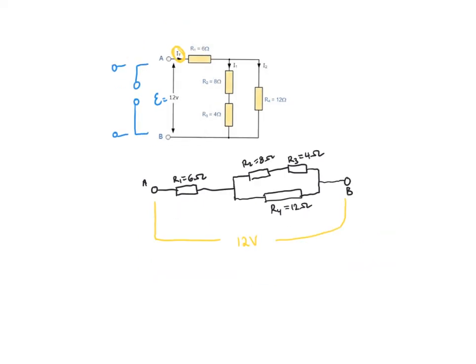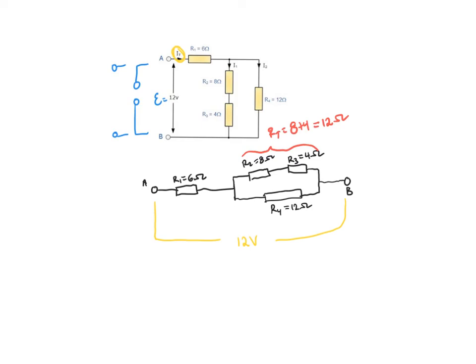We will start with the combination of R2 and R3. Then we're going to combine it with R4, and then we'll combine it with R1. So, since R2 and R3 are in series, it is 8 plus 4, which gives us 12 ohms.